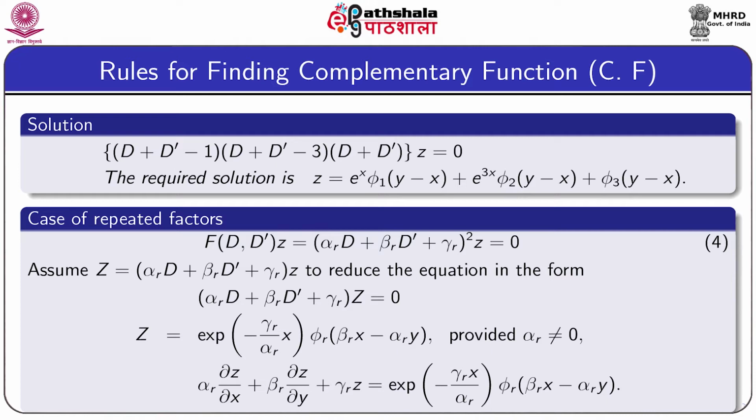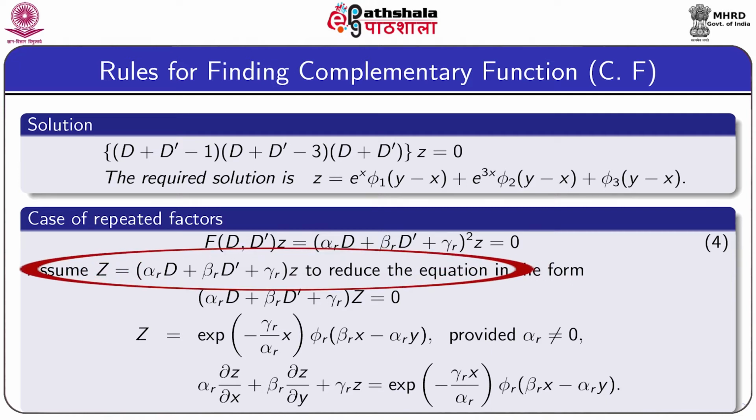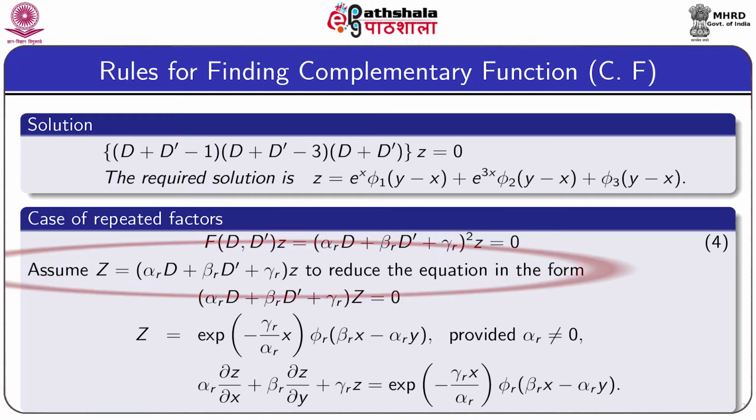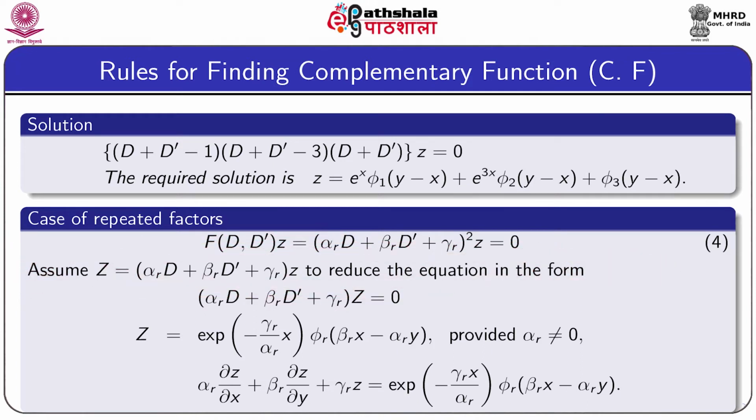To solve this equation, we assume another variable, capital Z, as alpha r d plus beta r d dash plus gamma r into z. If you assume the expression for capital Z like this, equation 4 reduces to the form alpha r d plus beta r d dash plus gamma r operating on capital Z equals 0.